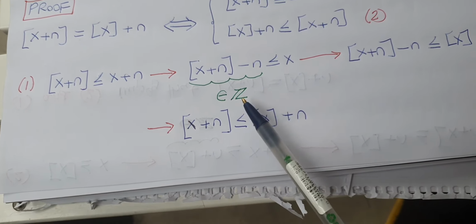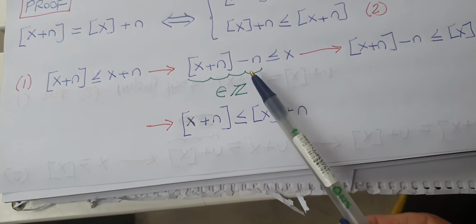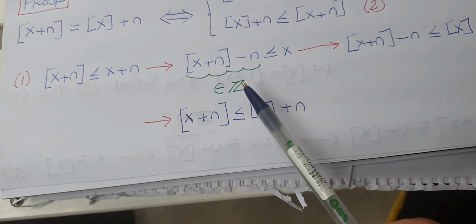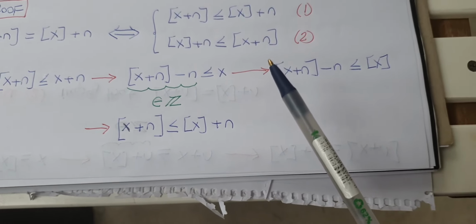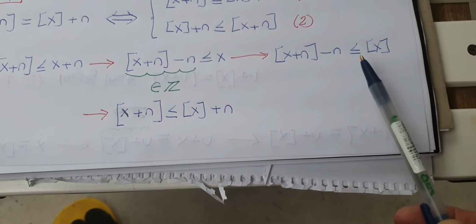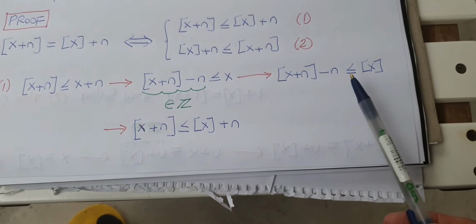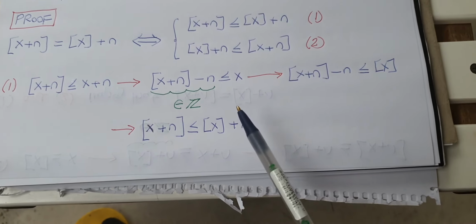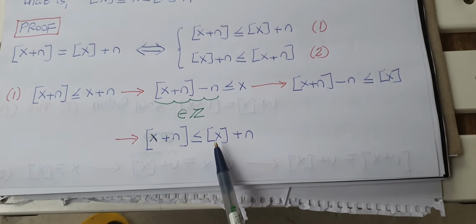But remember that the difference of two integers is still an integer. So on the left hand side I have an integer less than or equal to x, and by definition this integer is less than or equal to the integer part of x. And moving back n to the right now, we get the first inequality proven.